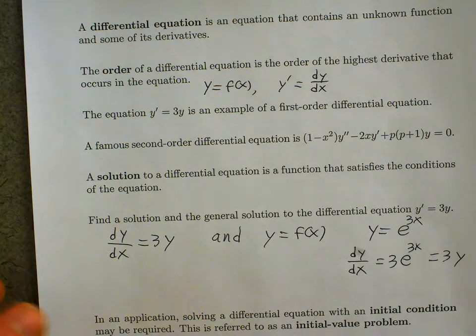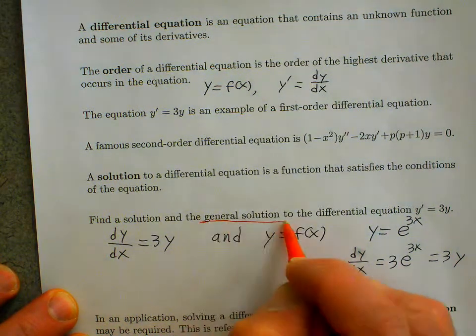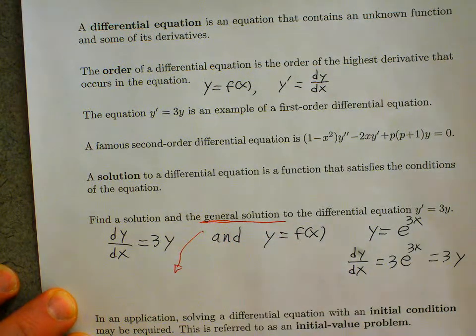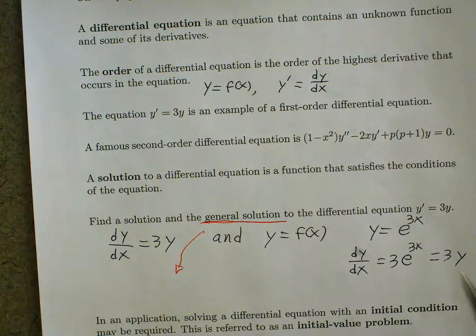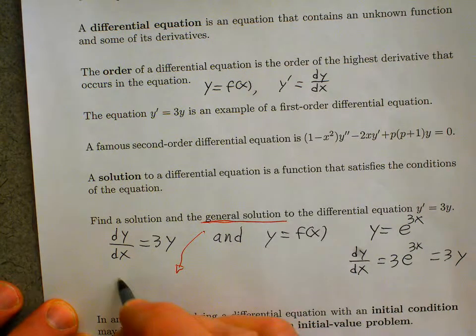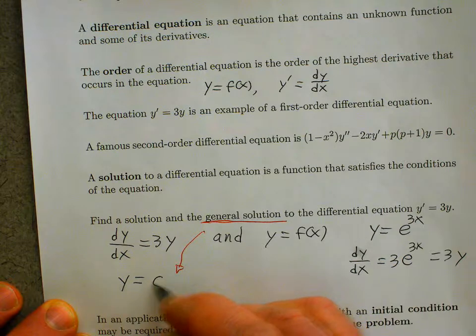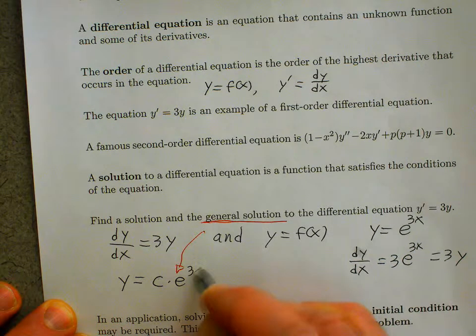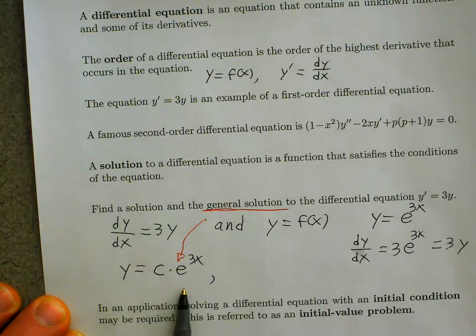What do you suppose the general solution is? Well, if I multiply e to the 3x by any non-zero real number, I could just say I want to assign y to be c times e to the 3x. And then we'll check to see if this is also a solution.